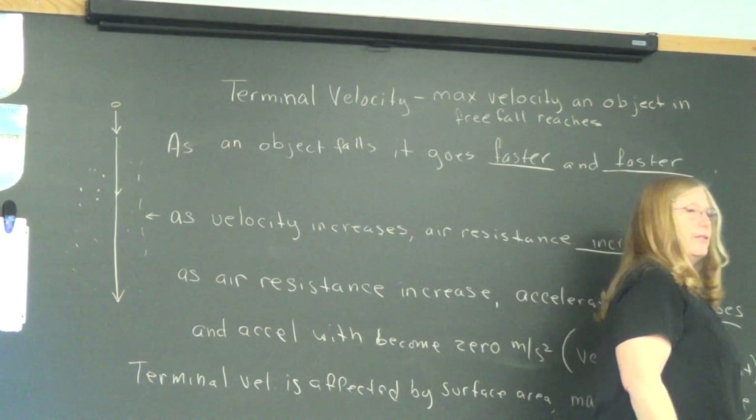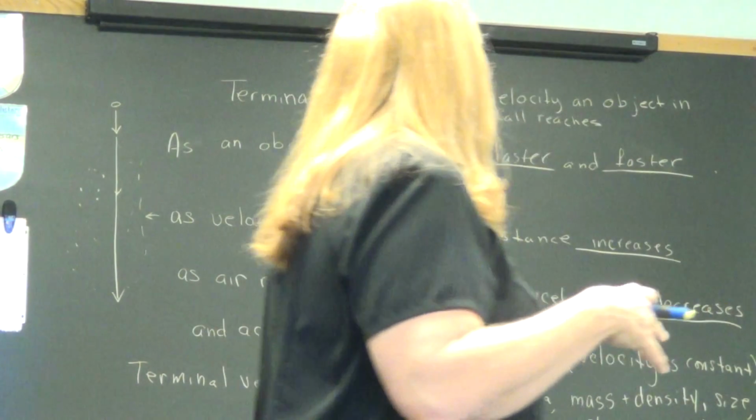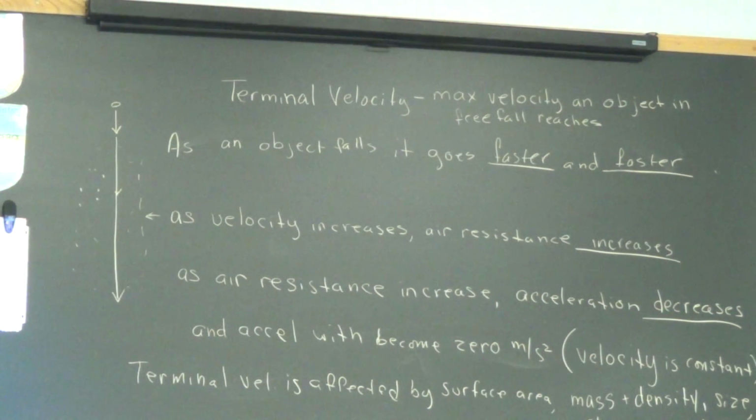So if I was to ask you what kind of characteristics affect the terminal velocity of an object, you would be speaking about these things in the way that makes sense to you.